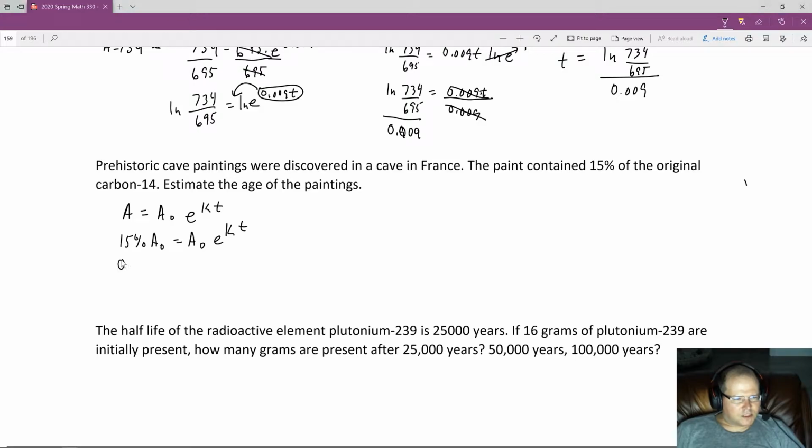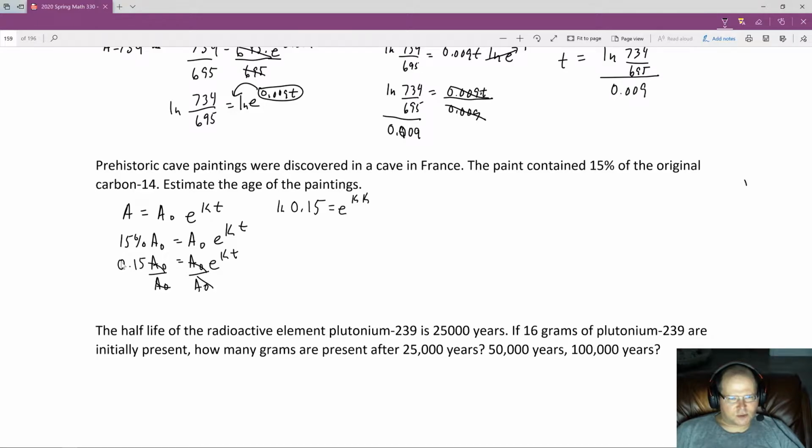15% is equal to 0.15 A initial equals A initial, e to the kt power. Next we can divide both sides by A initial. So let's cancel out, leaving me 0.15 equals e to the kt power.